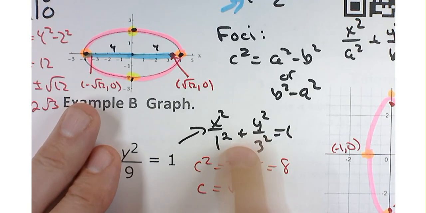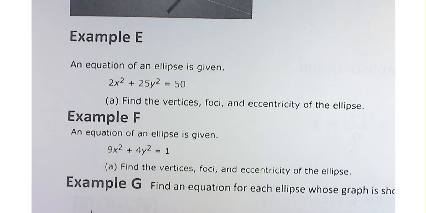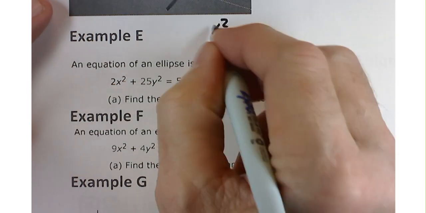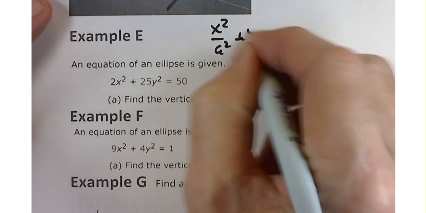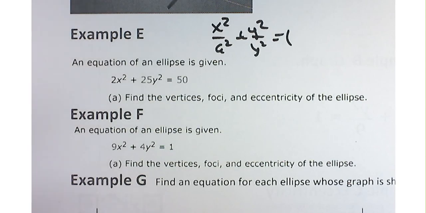We put that in a nice form. So let's look at the equation for example E. If I want to write it in the form of x squared over a squared plus y squared over b squared equals 1, what am I going to do here? What do I have to do?